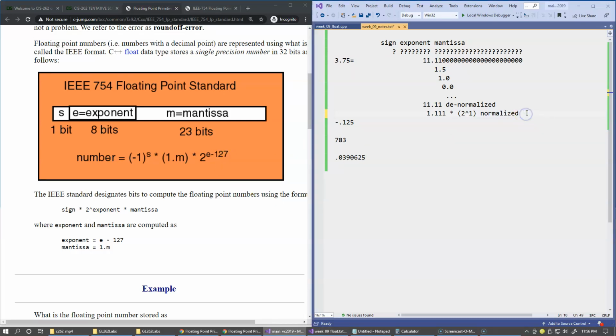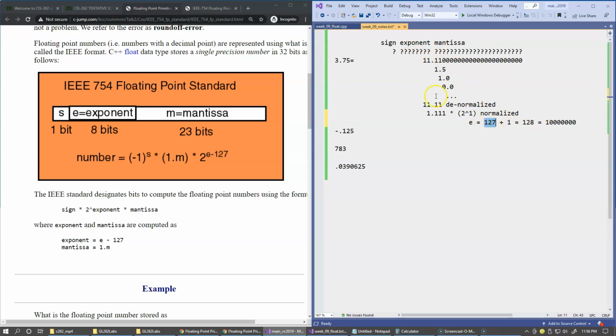Okay, so we're going to store our exponent as E equals 127 plus 1, which equals 128, and we can use this value to convert it to a binary number, which will be 1, 0, 0, 0, 0, 0, 0, 0. Okay, so this is our exponent. Basically, it's 128 because we have to take what we need and add 127 to it.